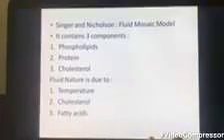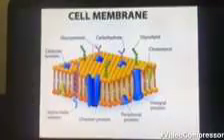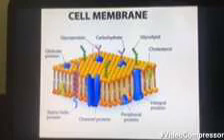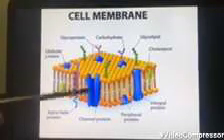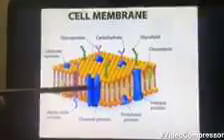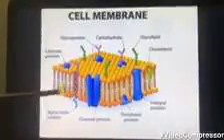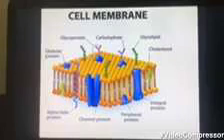Maybe that is the reason why, when the cell is subjected to very high temperature, the cell dies, because the proteins and structures which hold the cell together dissociate, leading to the complete destruction of the cell.